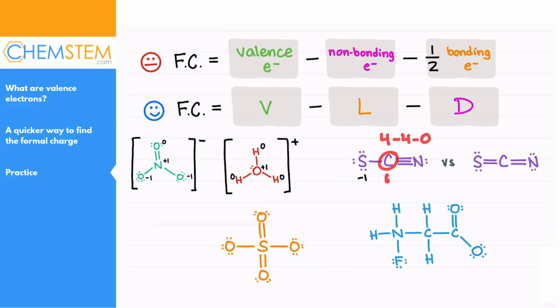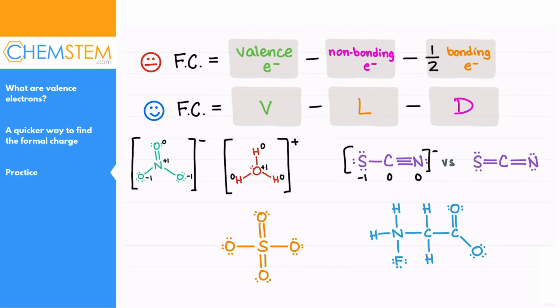And that's going to be a 0 formal charge. And then this nitrogen over here on the left is going to be 5 is the number of valence for nitrogen all the time, minus 3 lines, minus 2 dots. So 5 minus 3 minus 2 is 0. So there's a 0 formal charge. Overall, this compound will have a negative 1 charge.